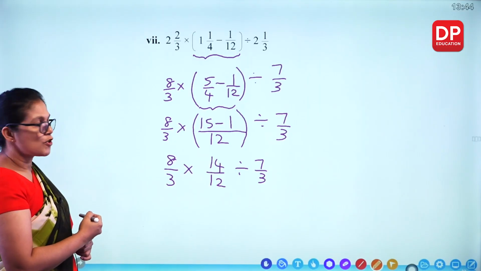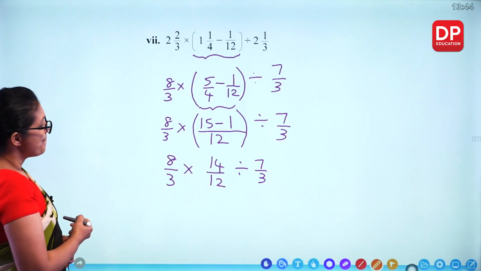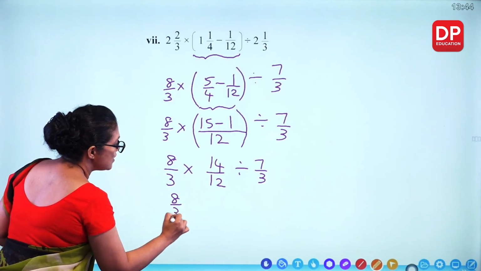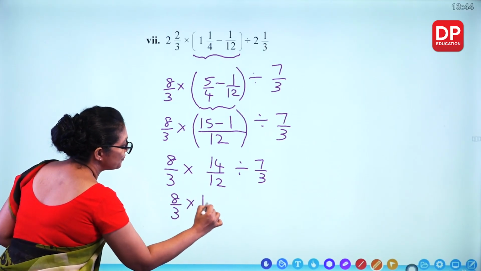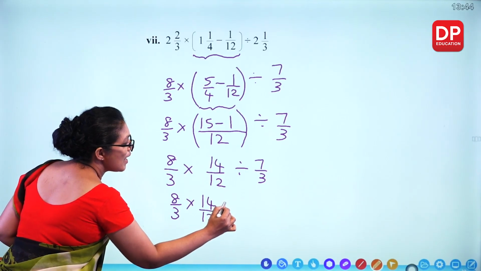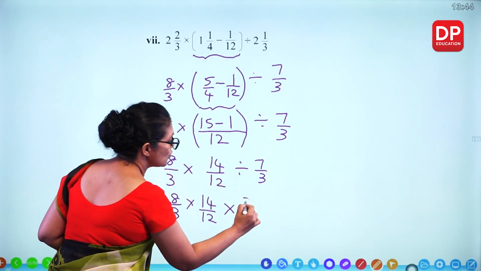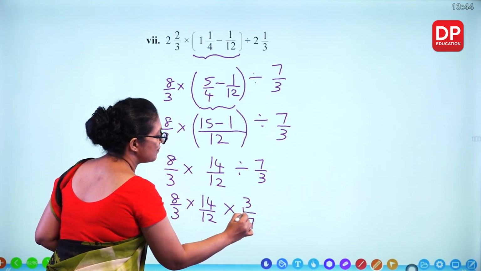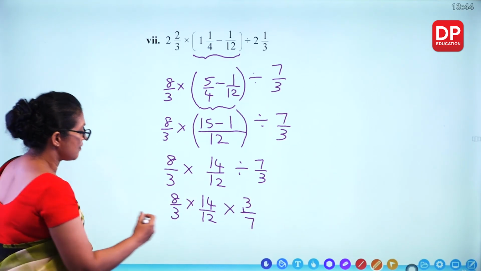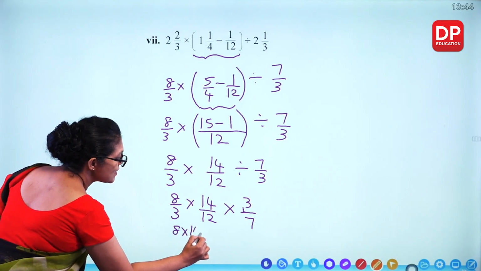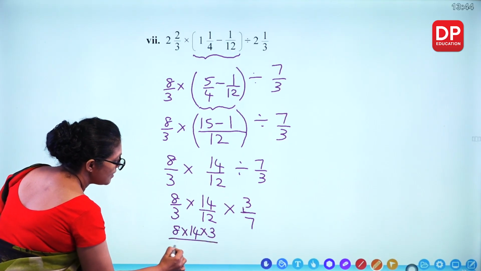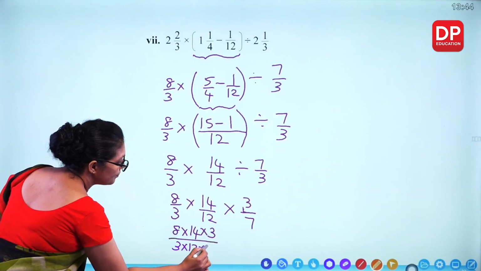Then what do you do? You can convert this division as multiplication of the reciprocal. So 3 over 7. Now multiply the numerator separately and the denominator separately.